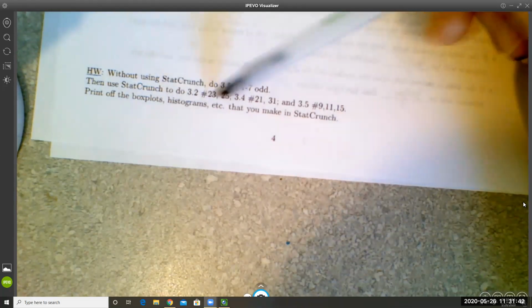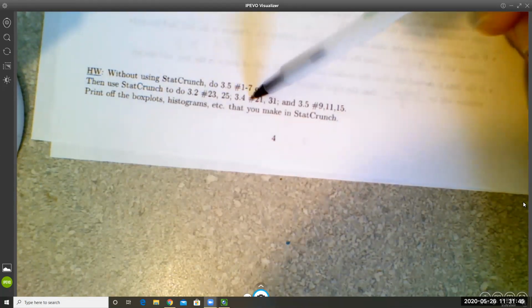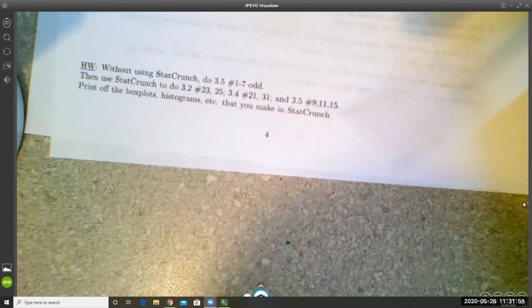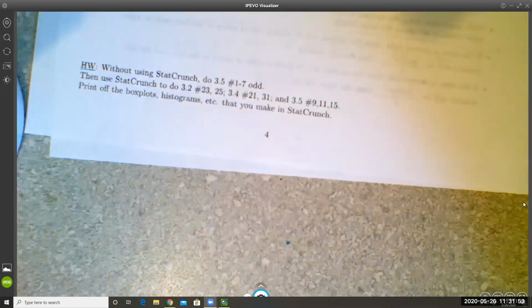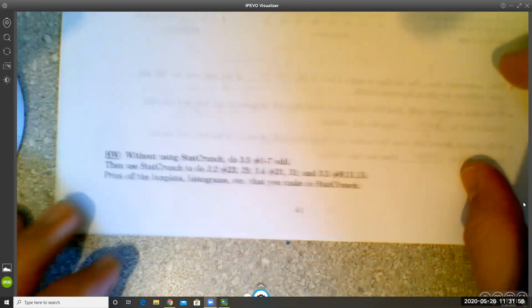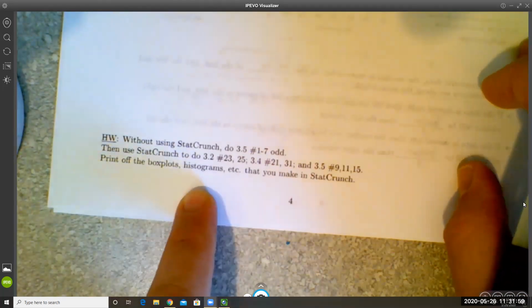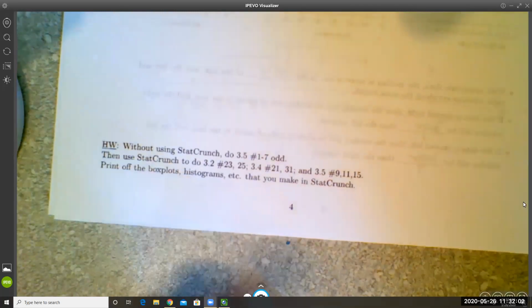And then go to 3.4 and do a couple problems using StatCrunch. And then come back to 3.5, which is the section we're in, and do a few more problems, but again, using StatCrunch. And I want to see that you've actually made the box plots and histograms and stuff in StatCrunch on the problems where I'm asking you to do that.